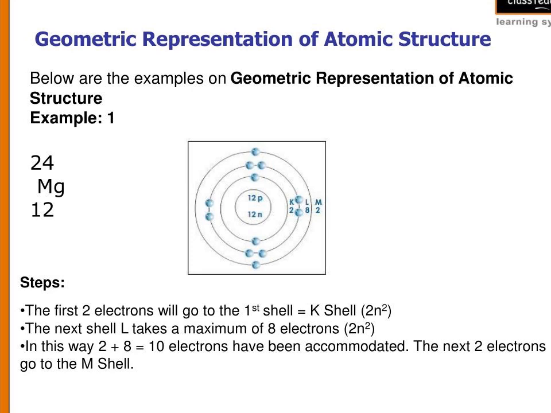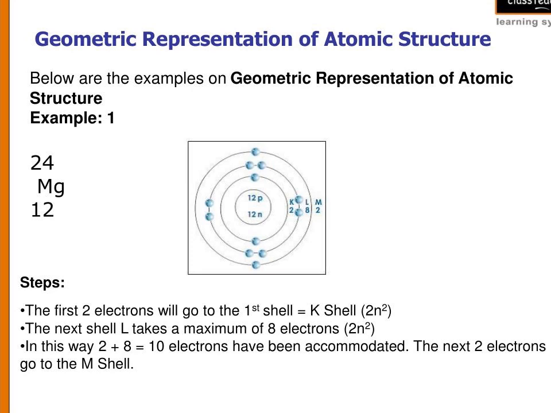In the book another example is given, oxygen. 8 is the atomic number and 16 is the mass number. Number of neutrons is equal to 16 minus 8, which is 8.